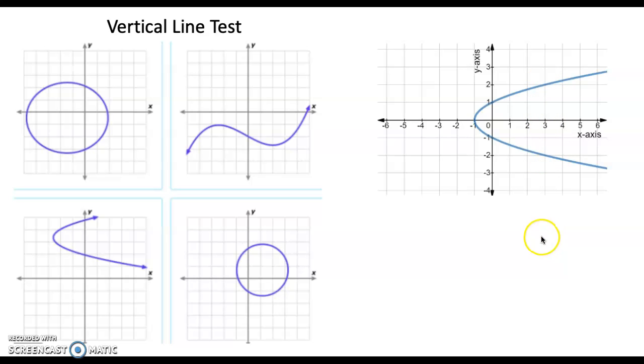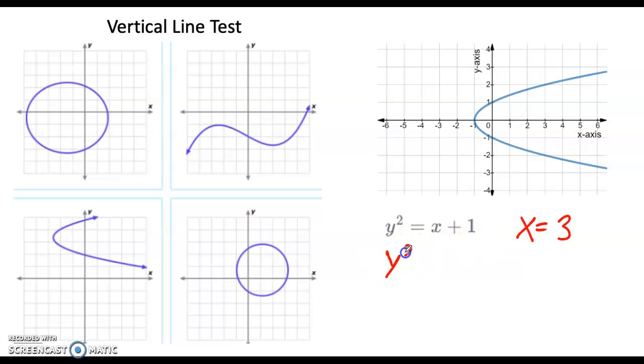So this is clearly not a function, but to prove this even further, I can take the equation of this graph, which is y squared equals x plus 1, and let's plug in a value for x. Let's say that x equals 3.